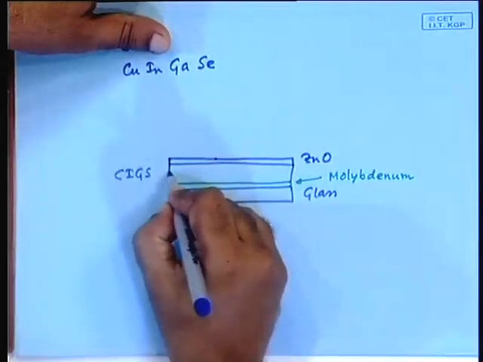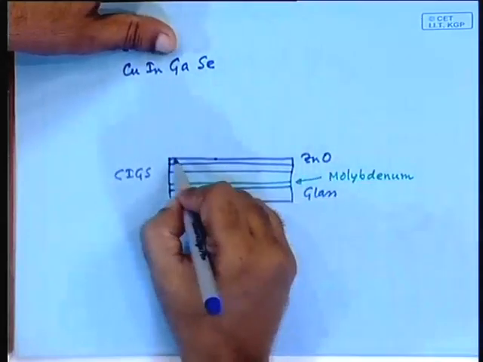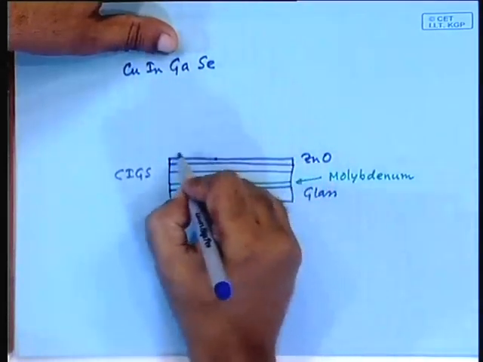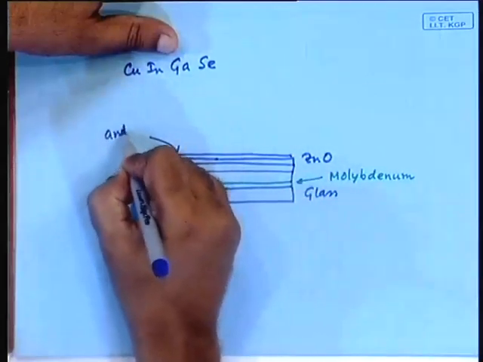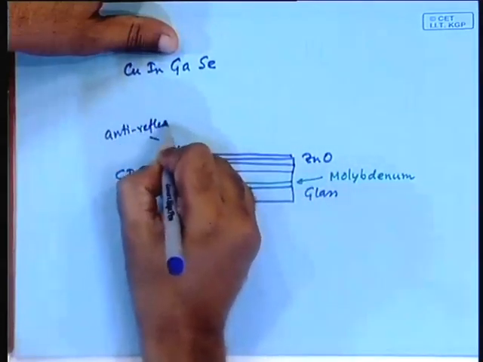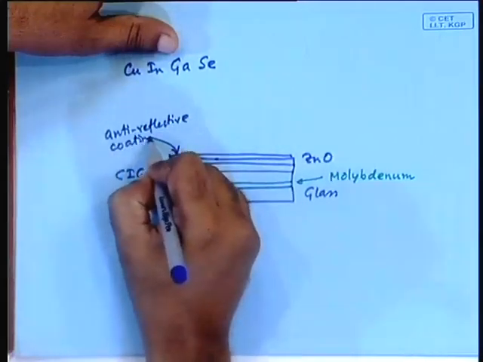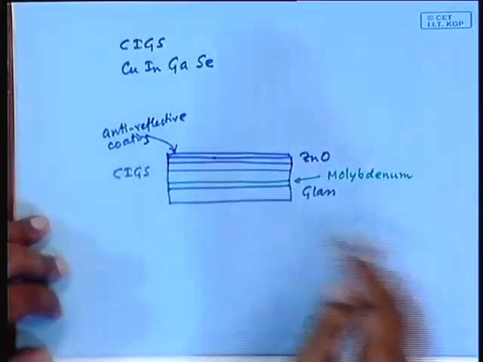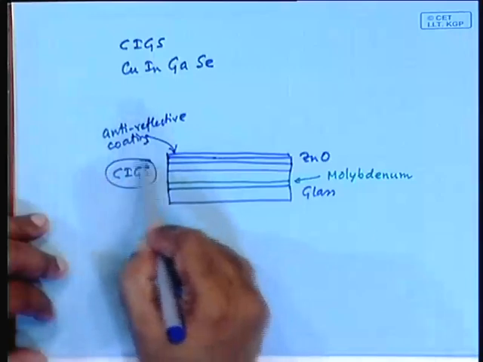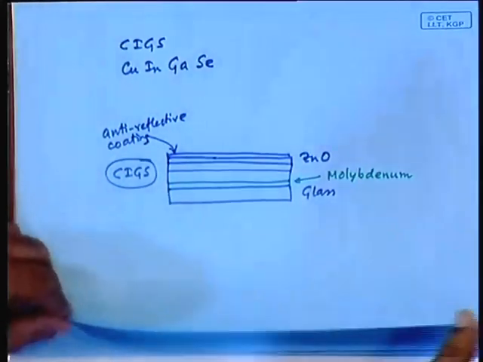The CIGS layer has the PN, it is a homojunction, and then on top of that you have the anti-reflecting layer. So, that is the structure, but in this case the deposition process of the CIGS is rather complicated. But one concept which I forgot to mention, I have to bring in now.